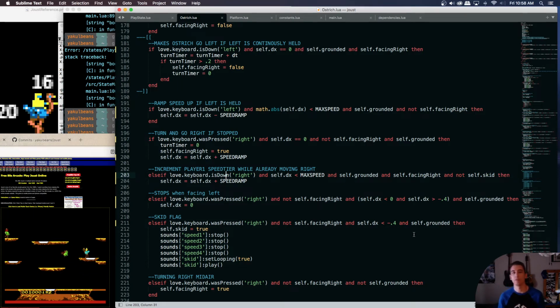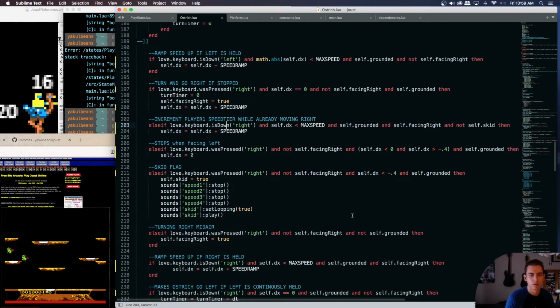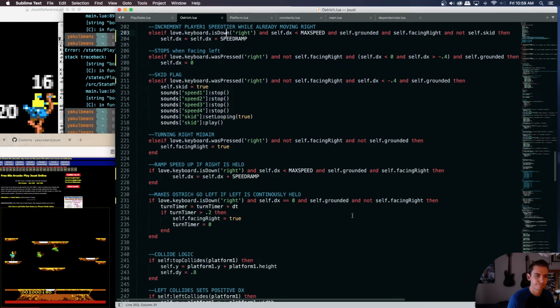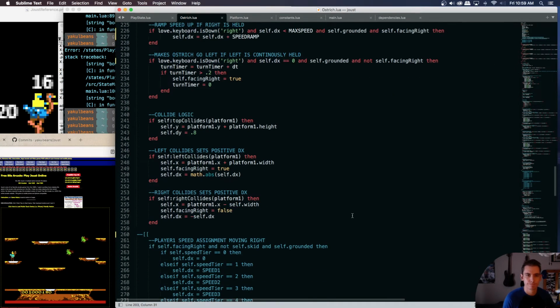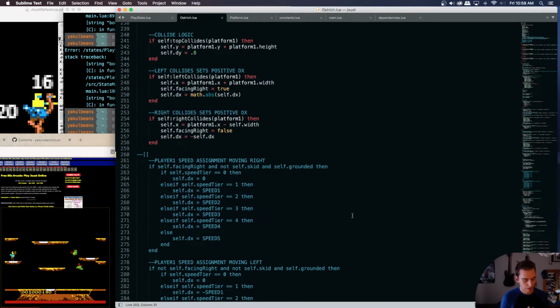But I don't know what that means in terms of implementation. I remember that we fixed this, but I don't remember how. And it was based on speedTier. Oh, I think it was. How do we do that?